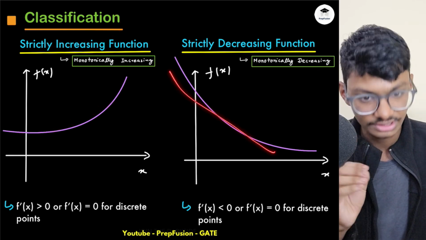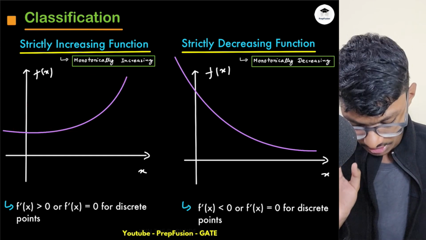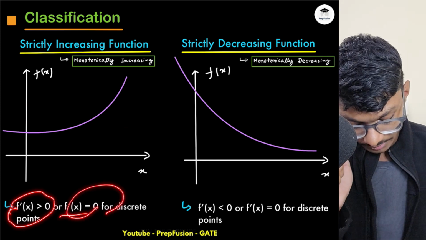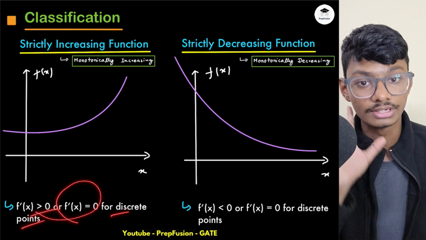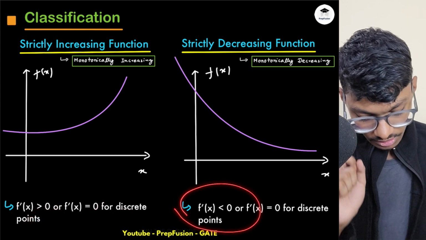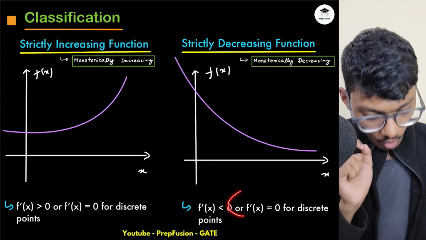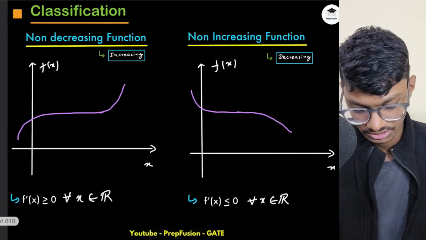Again, this e raised to power x and this e raised to power minus x, this is a perfect example. So here my derivative will always be greater than 0, or it can be equal to 0 for discrete points. For a strictly decreasing function, my derivative should always be less than 0 or be equal to 0 for discrete points. Okay, these two are the things.